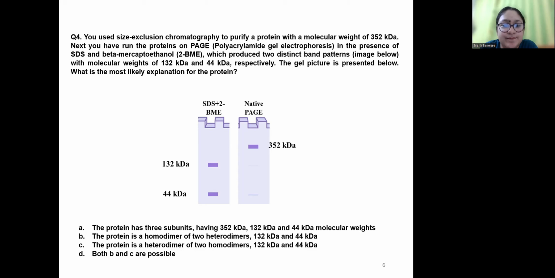Anyone? Tertiary. Very good. And Arushi, so what is SDS? What is the function of SDS in general?